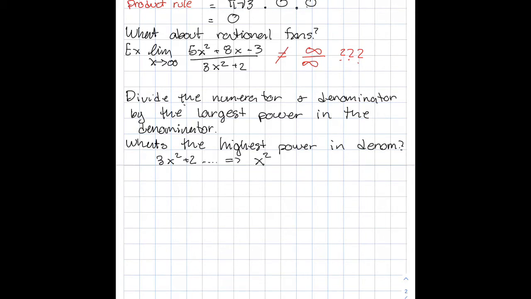So x squared is the highest power in the denominator. It's your variable to the biggest exponent. Biggest, in this case, also implies positive and negative, right? X squared is a higher power than x to the negative 100, okay? So remember that. Same goes for roots. X to the 1/2 is a higher power than x to the 1/7 because 1/2 is bigger than 1/7, okay?